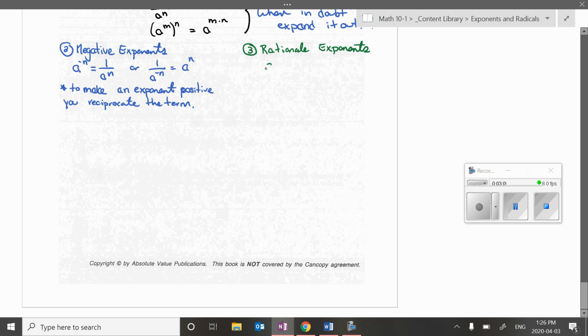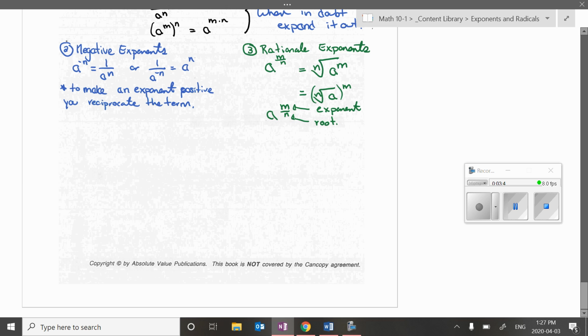But overall, if I have a fraction, m over n, that's going to be equal to the nth root of a to the power of m. You also, for that matter, could say it's the nth root of a, then that answer to the power of m. Personal preference for what you want to do. The big thing to remember, the m is your exponent. The n, or your denominator, is going to be your root.